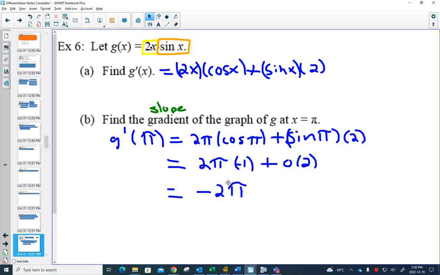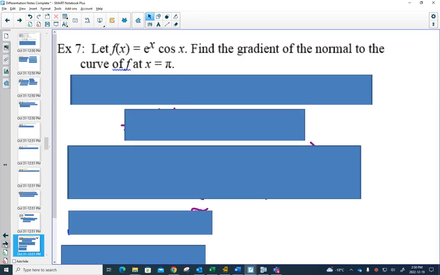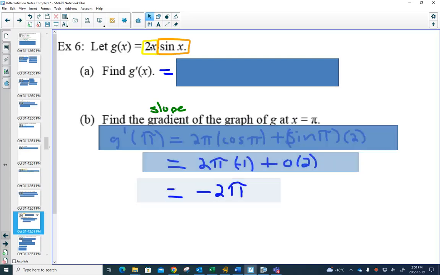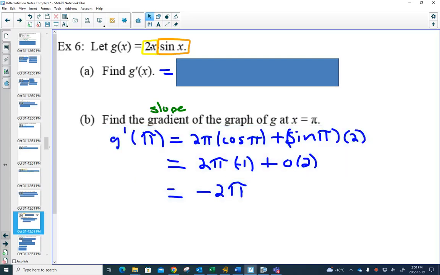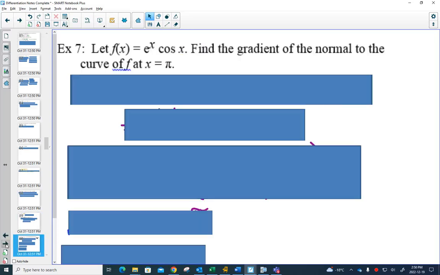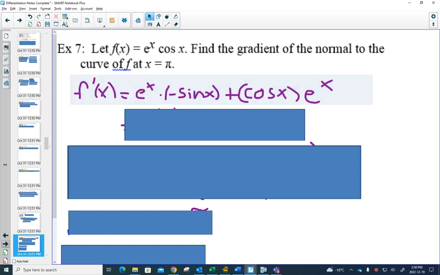Now I want to skip the next example. I'll show it in the video here. So, was everybody done? Everybody good? Okay. So the next example, I'm not going to get you to write it down. We'll just explain it quickly. You've got a function. Find the gradient of the normal at the curve. So you would have to find your derivative. That would find all of your slopes of your tangents.